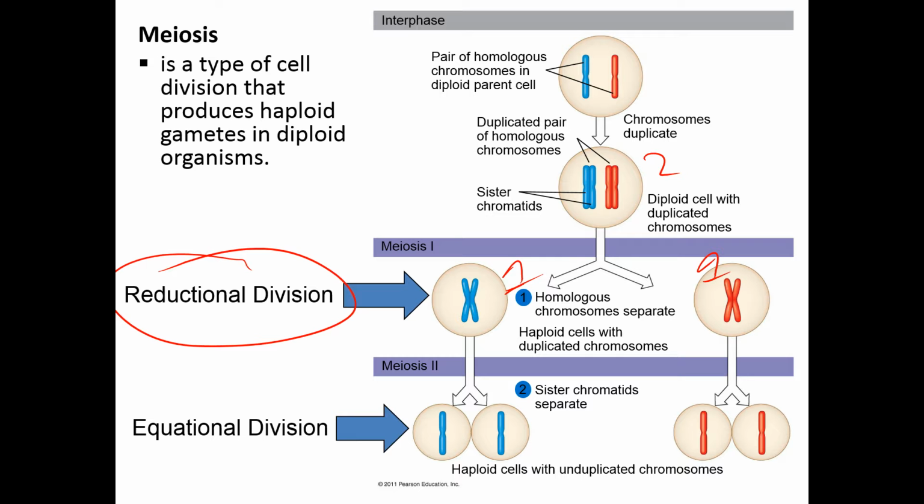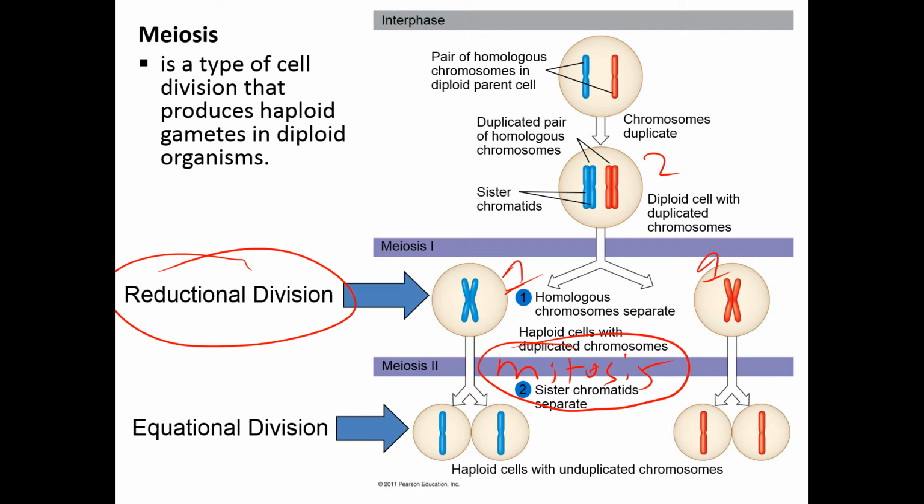And then meiosis 2. Meiosis 2 is very similar to mitosis. So if you're already comfortable with mitosis, meiosis 2 will be a breeze, because the same events that happen in mitosis happen in meiosis 2.